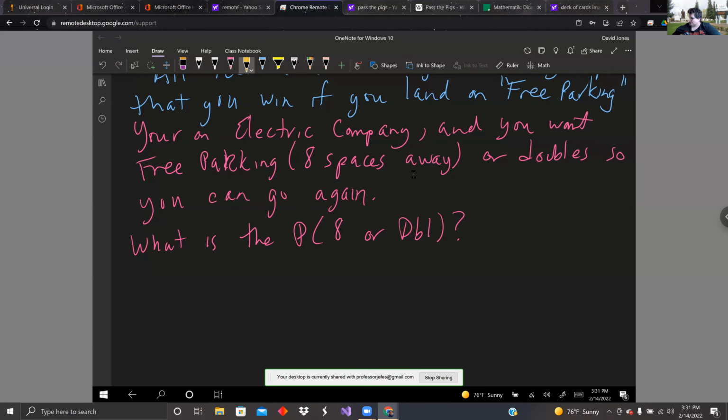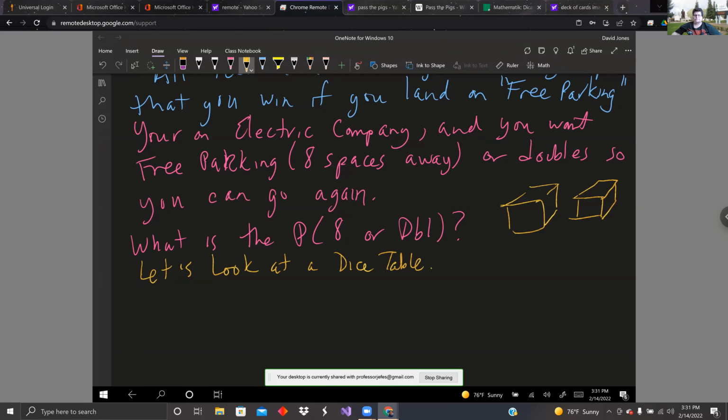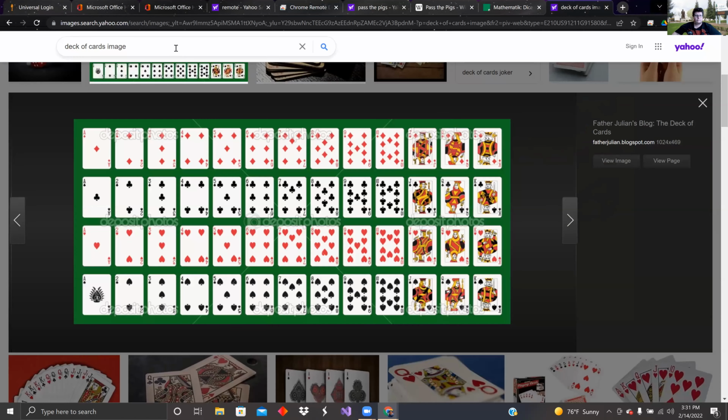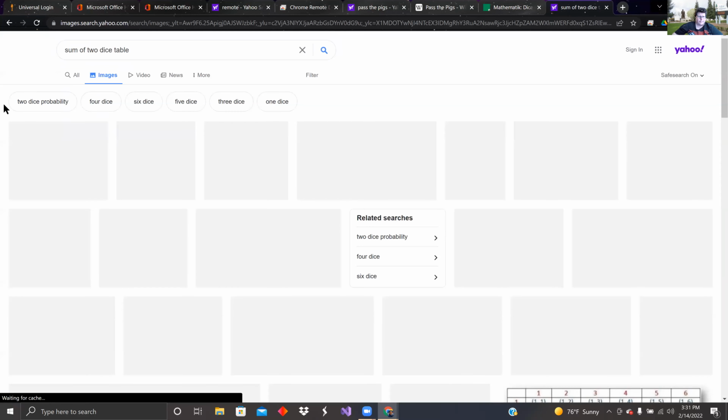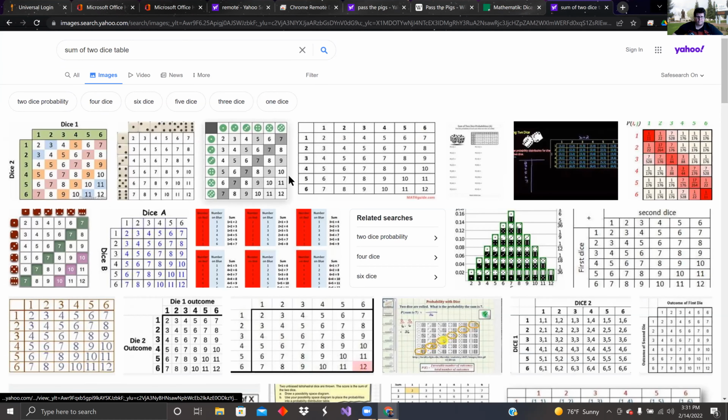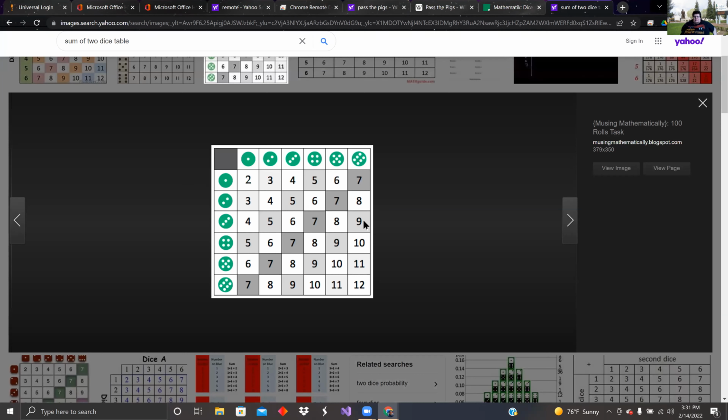So in Monopoly, you roll 2 dice. Maybe let's look at a dice table. If I wanted to roll an 8, the grid is telling me which ones are 8s.